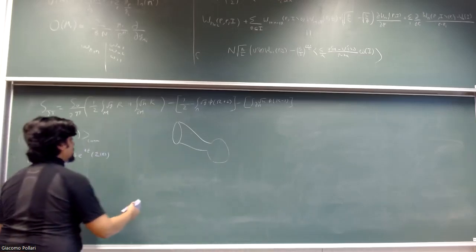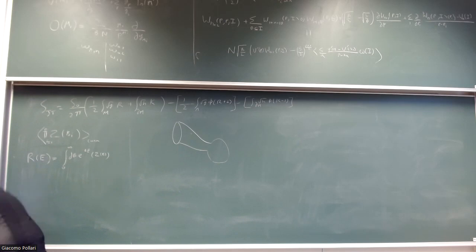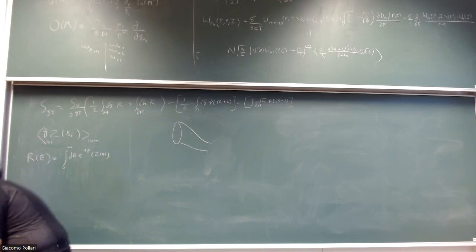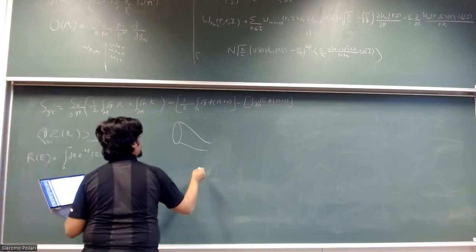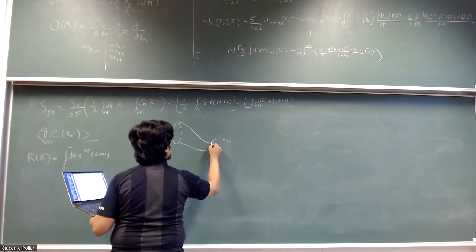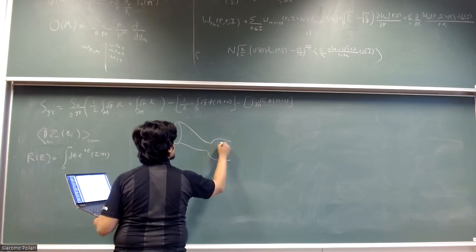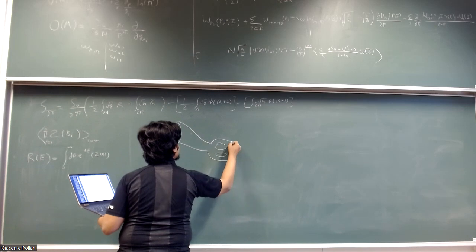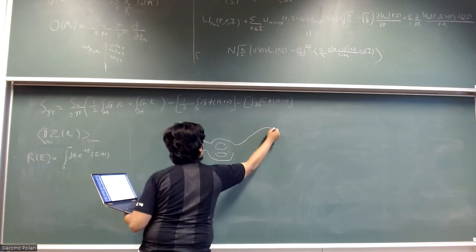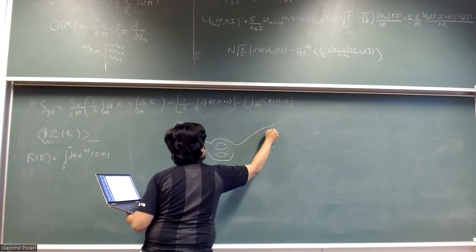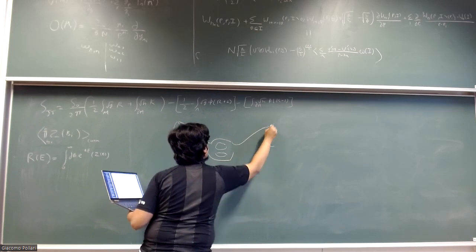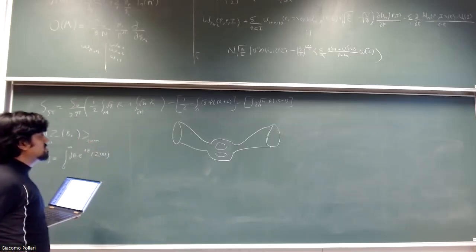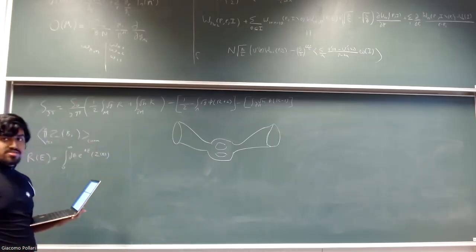So for example, if I want two boundaries and genus two, yeah, this is genus two with two boundaries.